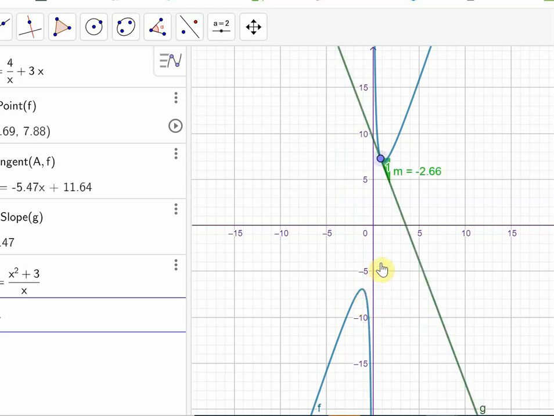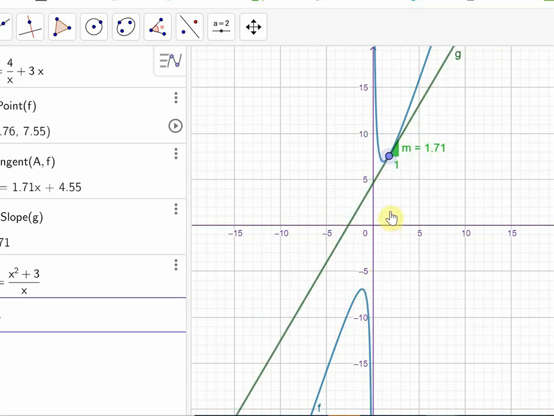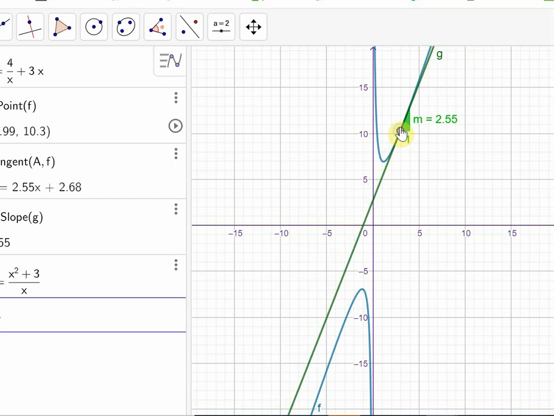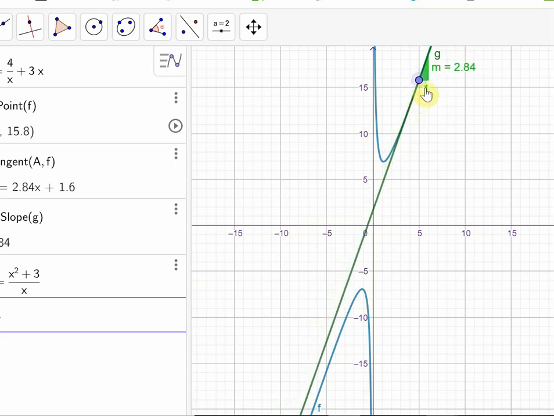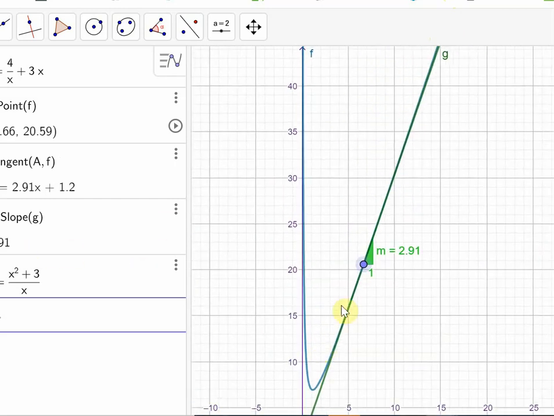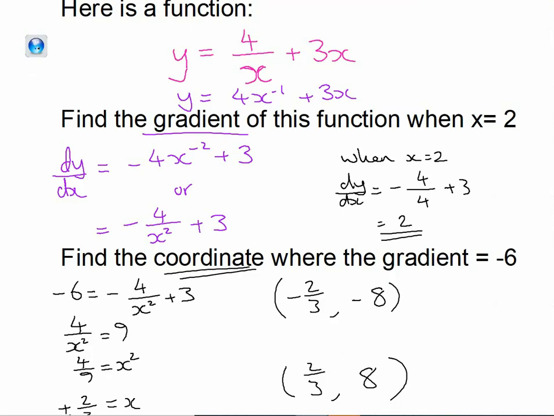And what else did we try and find when the gradient was 6? If I keep moving this up, it's going to go steep pretty quickly. Oh, I was minus 6.